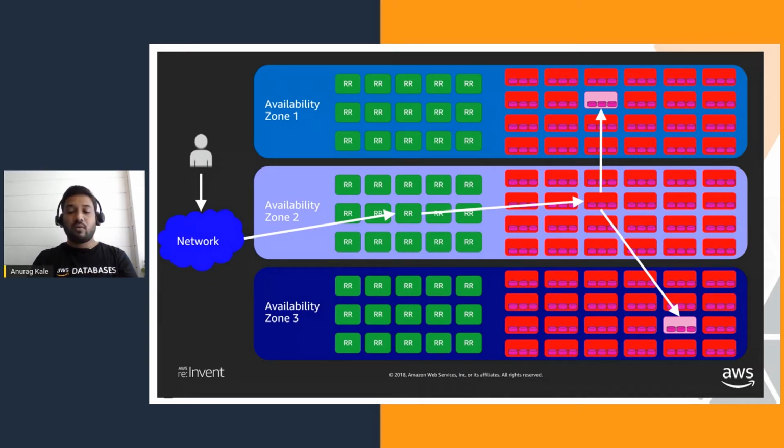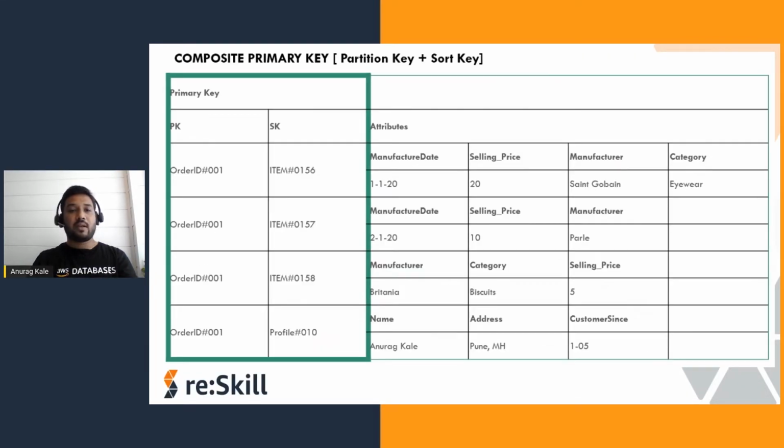So you cannot go into the table. For example, let's get back to the example, you cannot write the equivalent query of select something from table where primary key is order ID 001 and selling price is 20. You cannot do that. In DynamoDB, you can do the filtering only on the sort key.